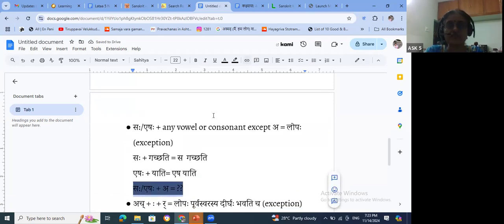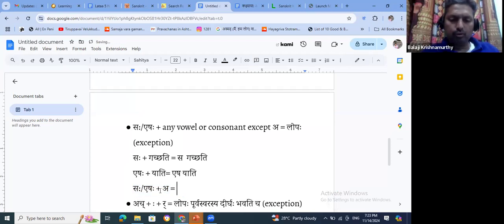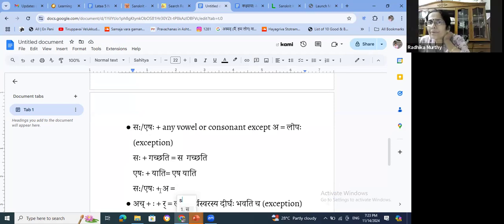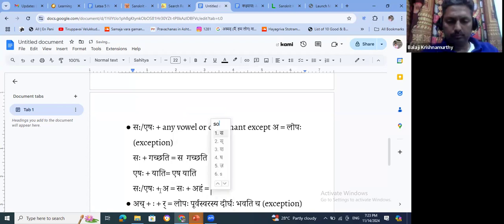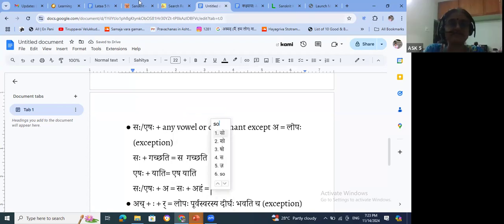Here Mahodaya has already said what will happen in this case. Utvam. For example, saha plus aham will become soham.